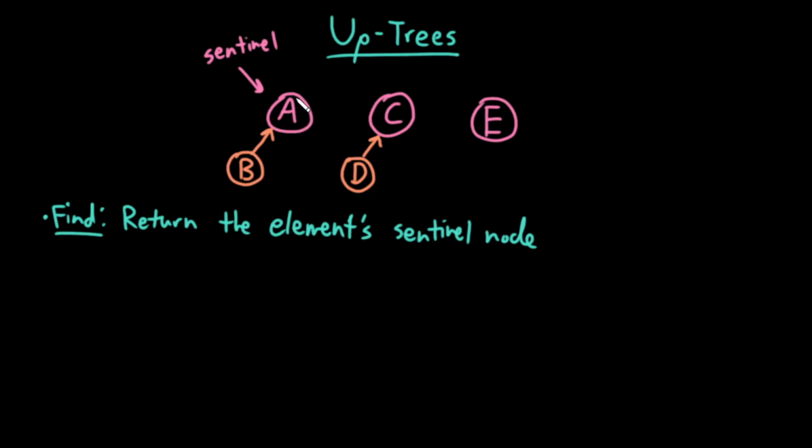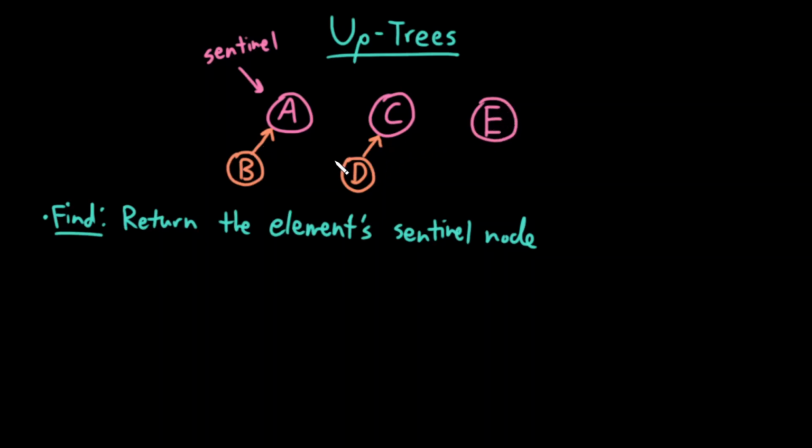Oh, I don't have to go up any parent pointers because my parent pointer is null. And I would say A is part of set A. D is part of set C. C is part of set C. E is part of set E.